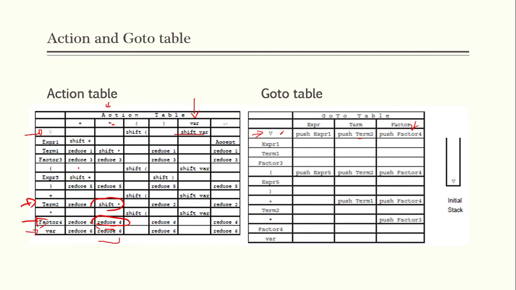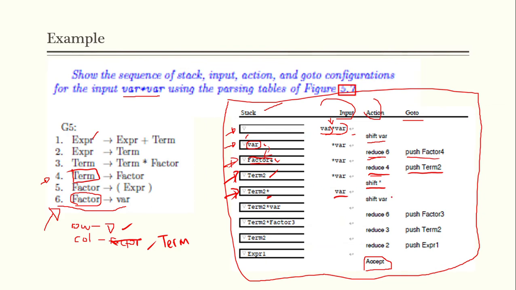It says here shift var, so the action is shift var. If it says shift var here, it means that you need to push this var into the stack. You don't have to do go to because it is shift. Now you move to the next stack.